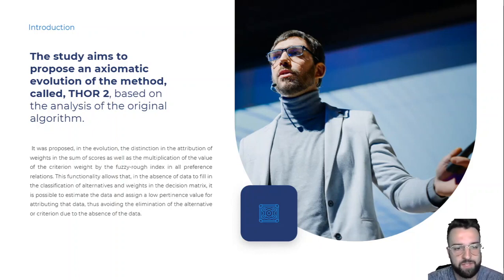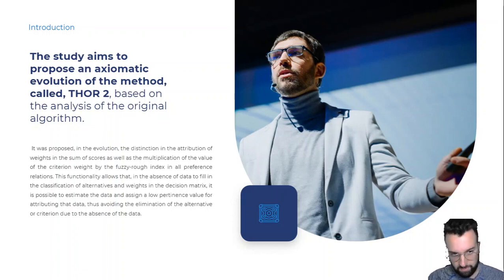In order to validate the pertinence function proposed for THOR2, an analysis of the ranking of alternatives in 3 different scenarios was carried out. In this way, scenarios were simulated in which there was an absence of data in the original decision matrix. The analysis of the decision matrix is complete and all data is available in this article, observing the impact on the ranking of the alternatives.